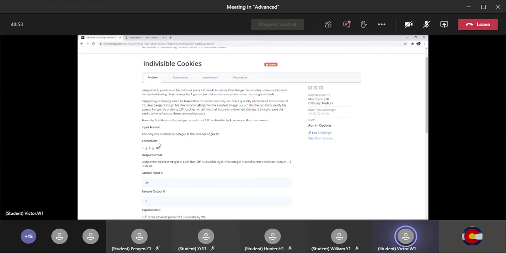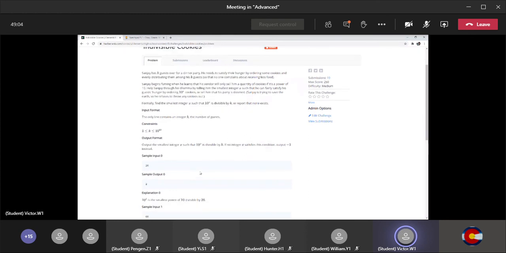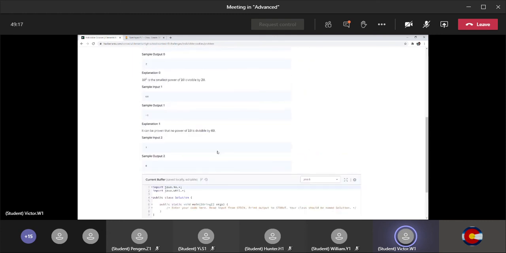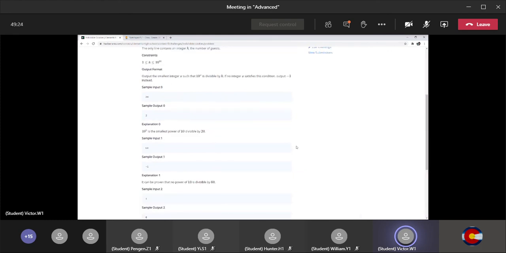So k can be about 2 to the 60 or something, which means the maximum x could be about 60. 10 to the 60 would not fit in a long, so you would have to use a big integer if you're coding in Java or C++. In Python, you don't have to because it already handles that. That's one detail you would have to get right if you did that solution. So does anyone have questions?